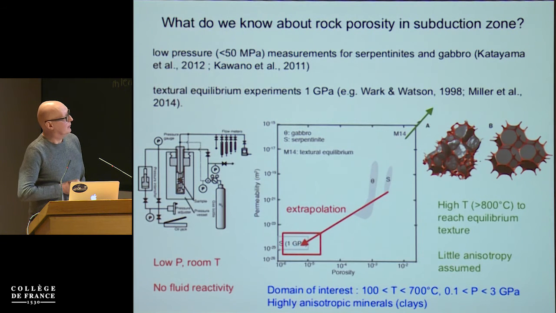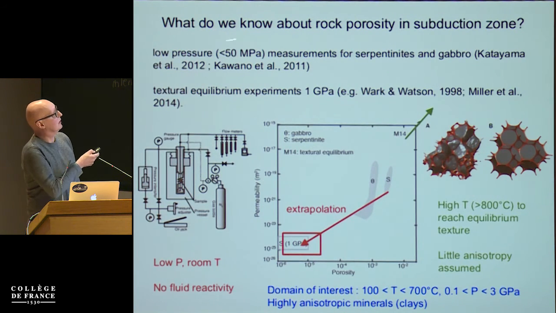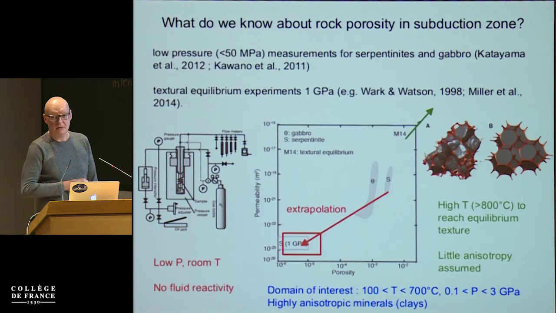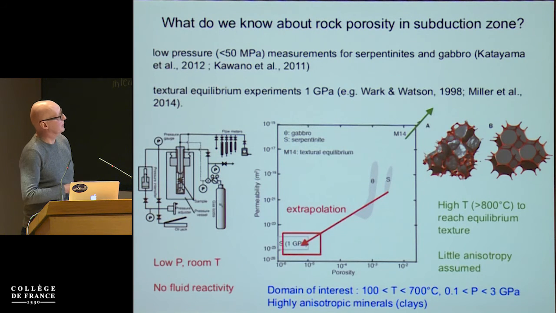So before using the experiments we do, what do we know about rock porosity in subduction zones? Well, there are two types of experiments that have been conducted thus far. Low pressure experiments just flow gas through a rock that is slightly compressed. So these are restricted to pressures like 50 to 100 MPa, so we go down to maybe 3 kilometers with these experiments.